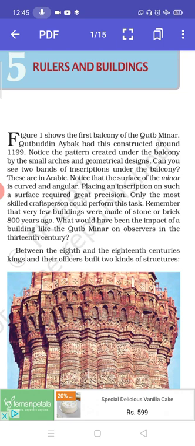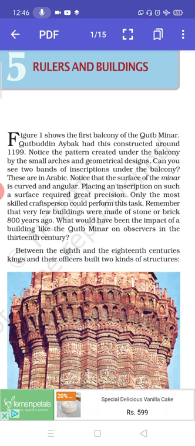Then you can see the Arabic inscription, and considering that time, it would have been very difficult, and expertise is required to write an inscription like this. So the people who were there must have been very skilled.